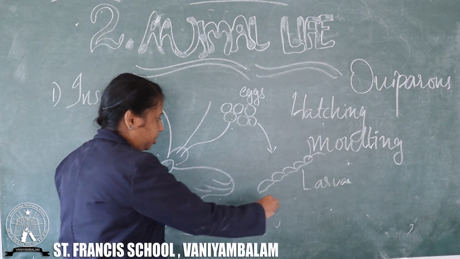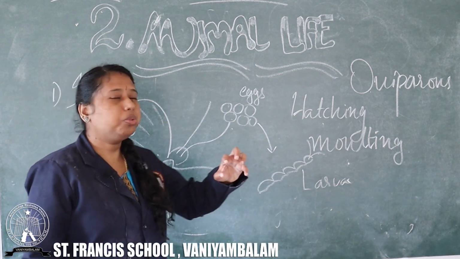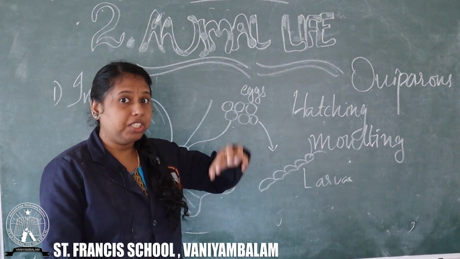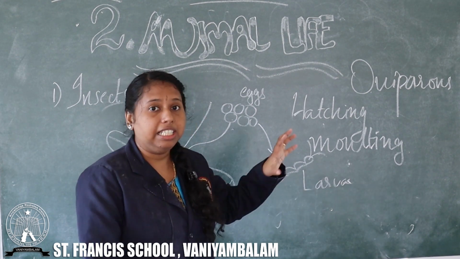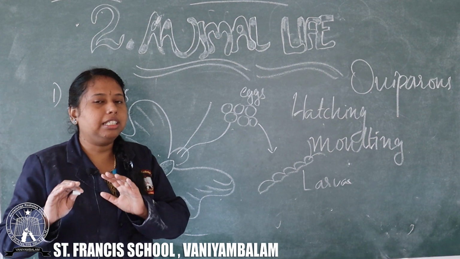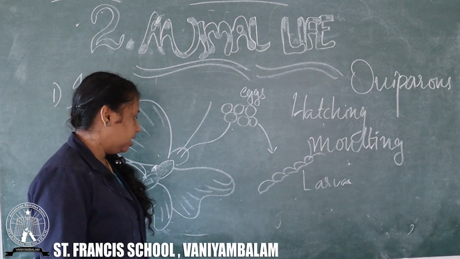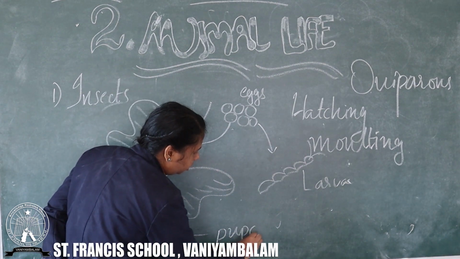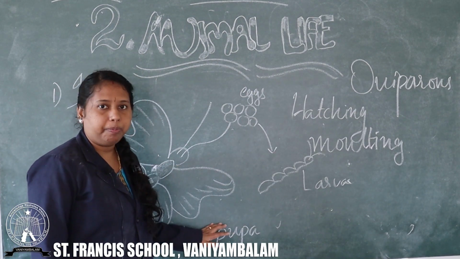This larva continuously eats the leaves of the plant on which it lives. After some time, it will stop eating, then it will go to the next stage of its life. It is called pupa. What is meant by pupa?